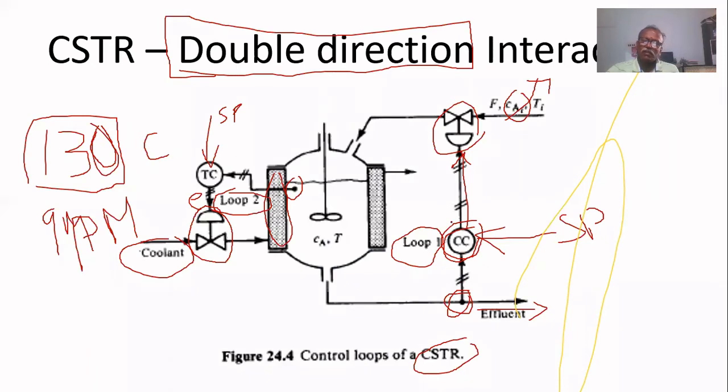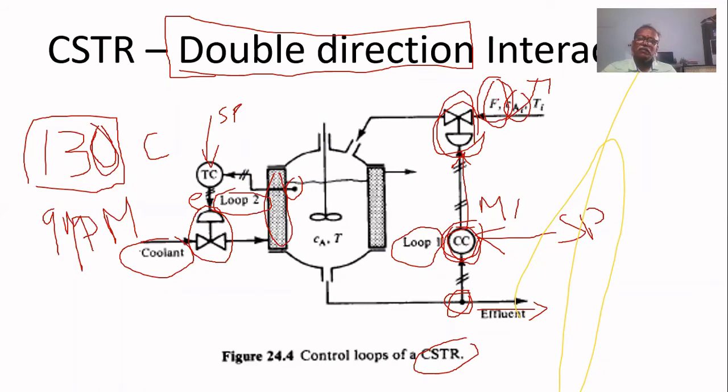Accordingly, it generates error and the M1 controller output. The valve is regulated to adjust the feed flow rate. Why adjust the feed flow rate? If concentration is less, we have to increase the feed flow rate. If concentration is more, we have to decrease it. Accordingly, the feed is adjusted to maintain the composition.